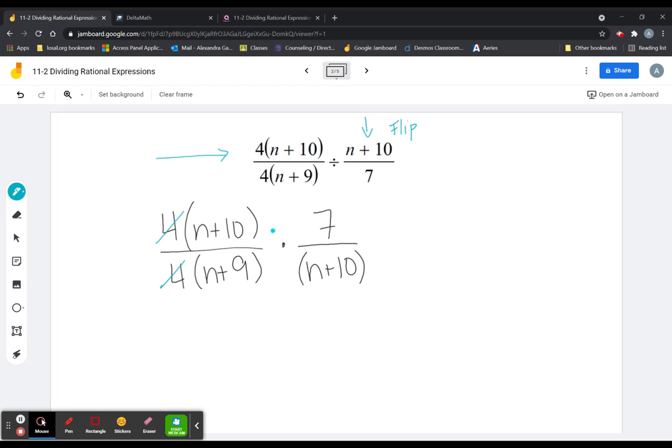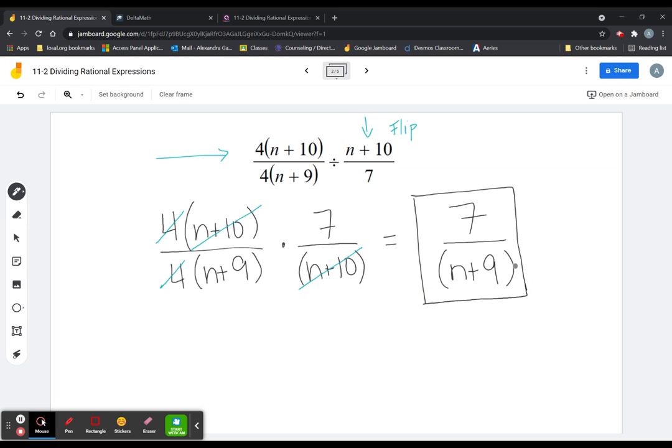Is there an n plus 10 in the denominator that cancels? Yes. And then I look at 7. Is there anything in the denominator that's going to cancel with 7? No. So I'm good to go. And I get 7 over n plus 9. So these are kind of nice because they're the same as multiplying after you flip.